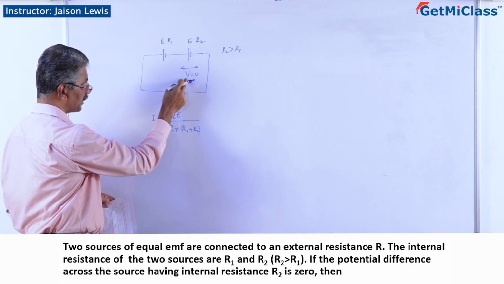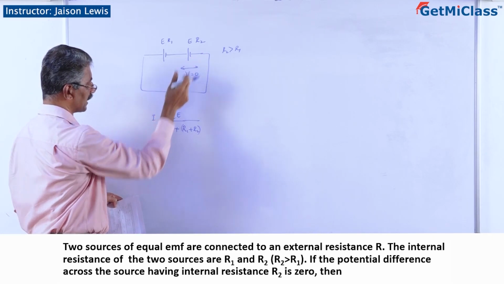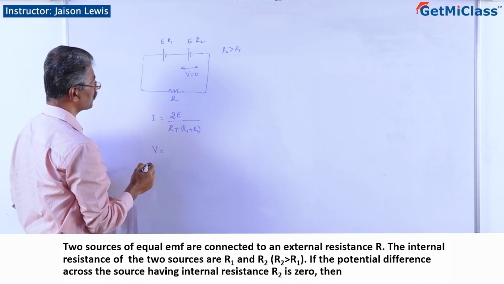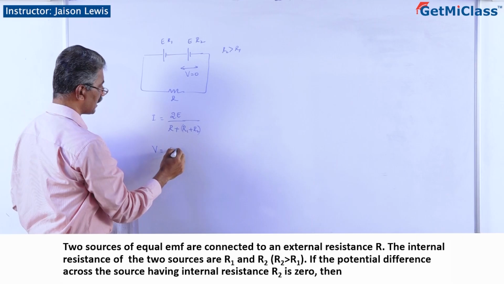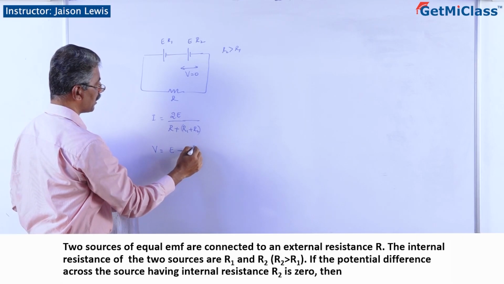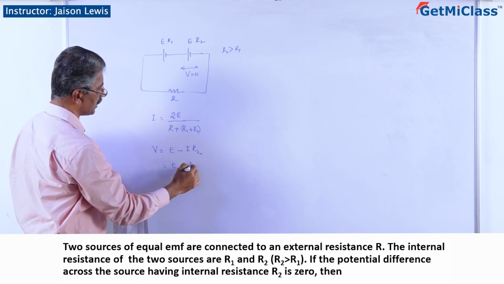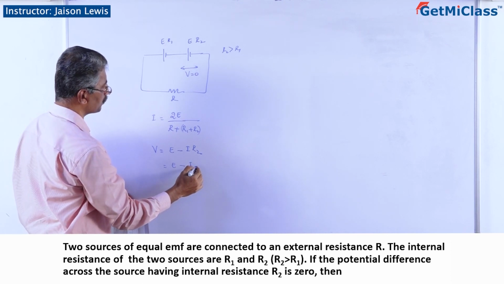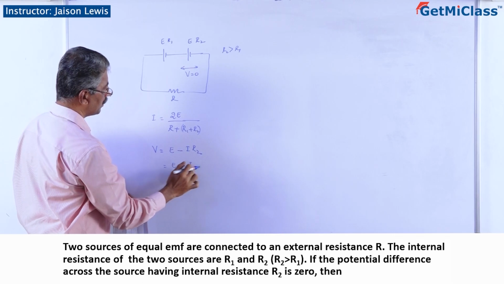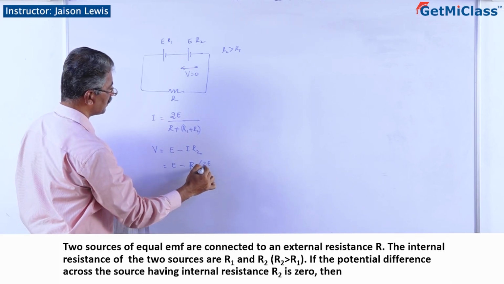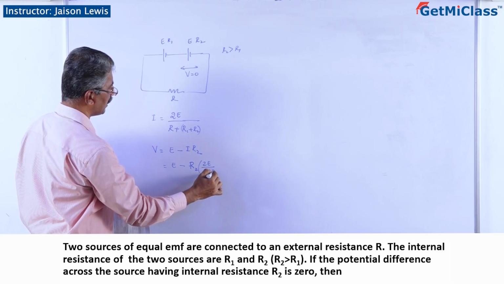If you want to find the terminal potential difference across the cell whose internal resistance is R2, we'll find V. V is equal to the EMF of that cell, E, minus I into R2. That is E minus I into R2, where I is equal to 2E divided by R plus R1 plus R2.